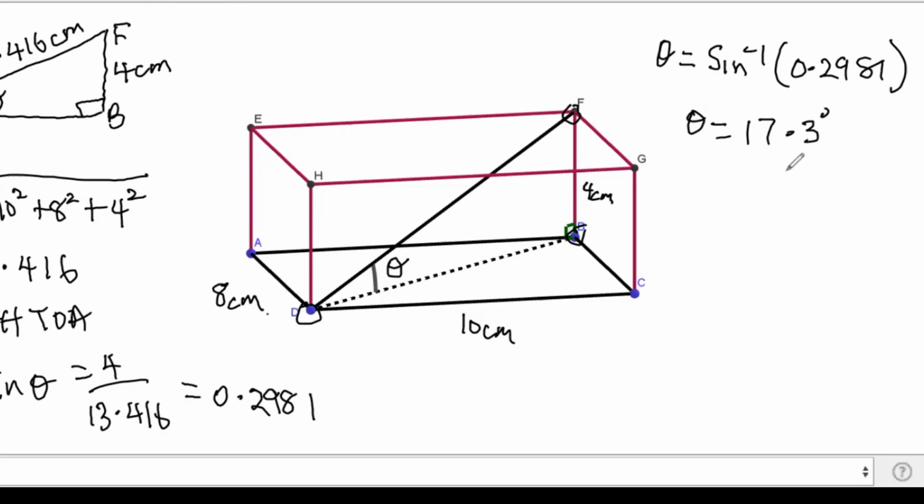That will be the value of the angle between the longest diagonal of a cuboid and the base of the cuboid.